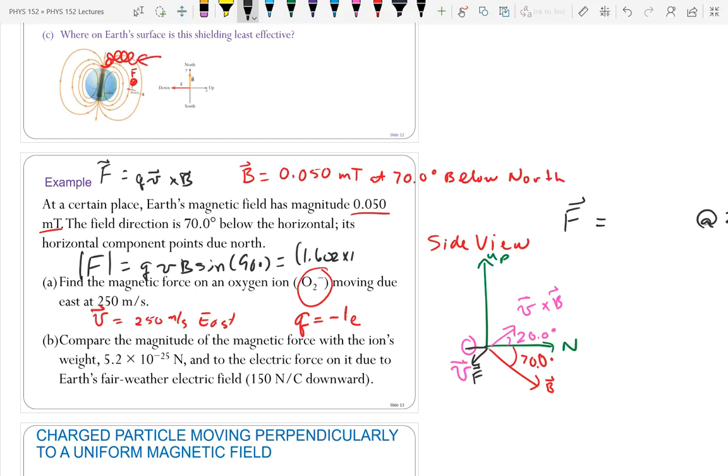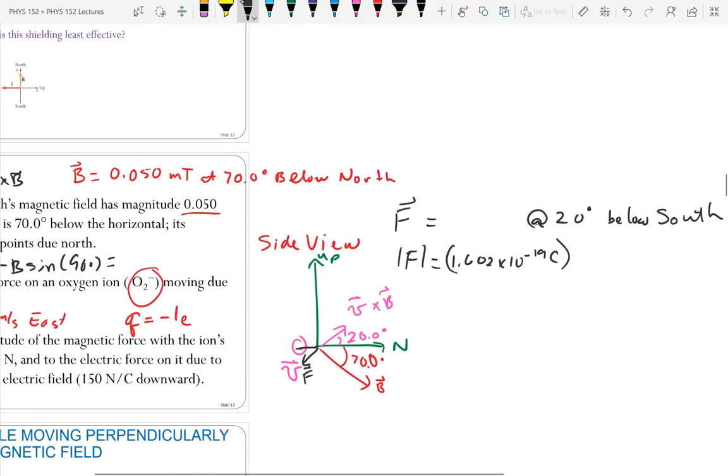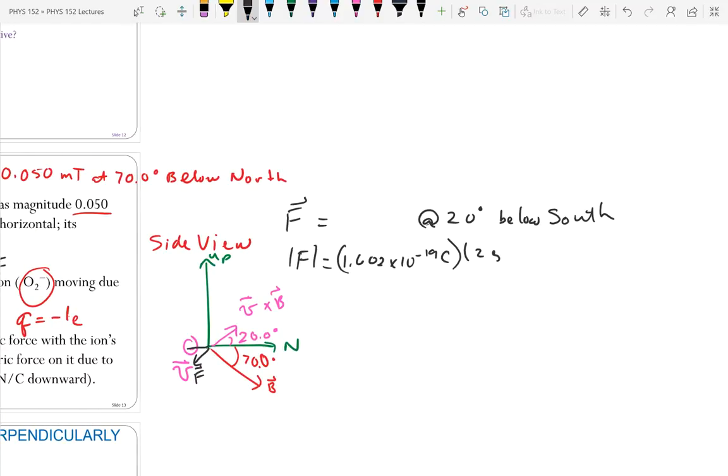is 1.602 times, oh, I don't have room to write it there. Not with writing that big. There's my Q. My V is 250. And my B is, well, let's just go 5.0 times 10 to the minus 5th Teslas.